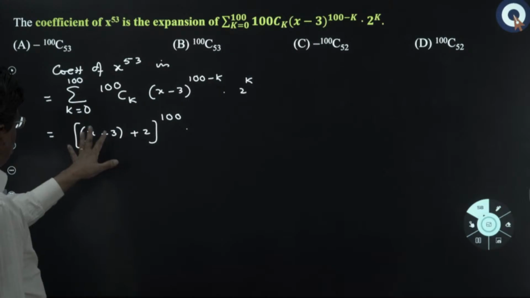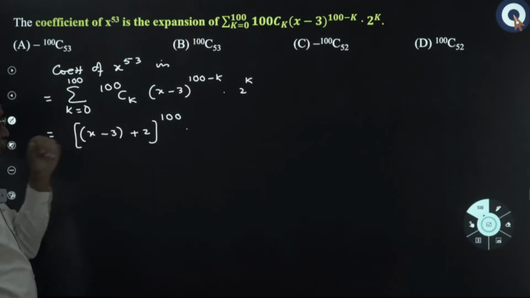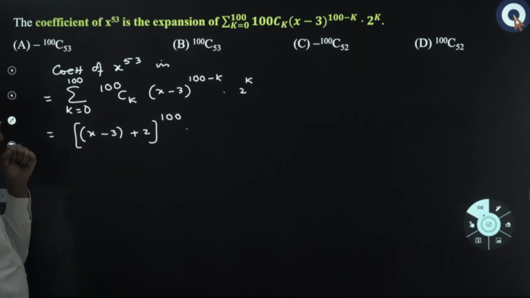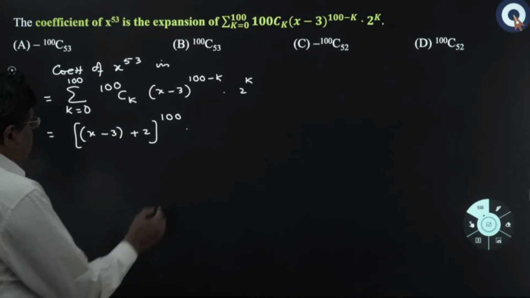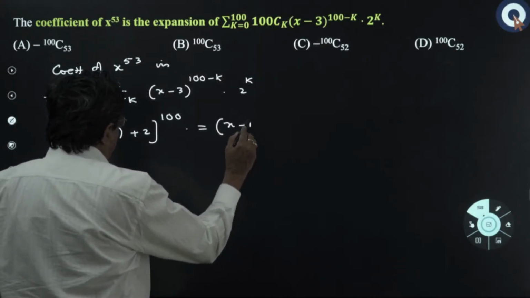You see, this is the (k plus 1)th term, the general term. So, this is (x minus 1) to the power of 100.